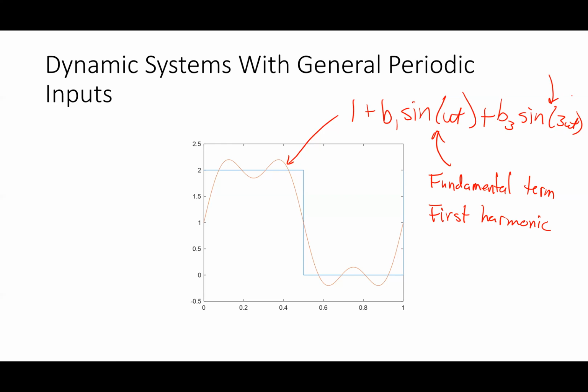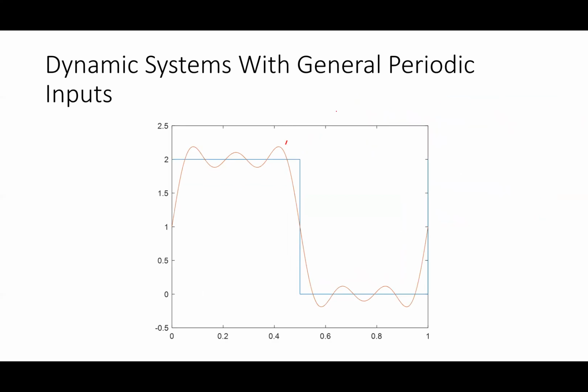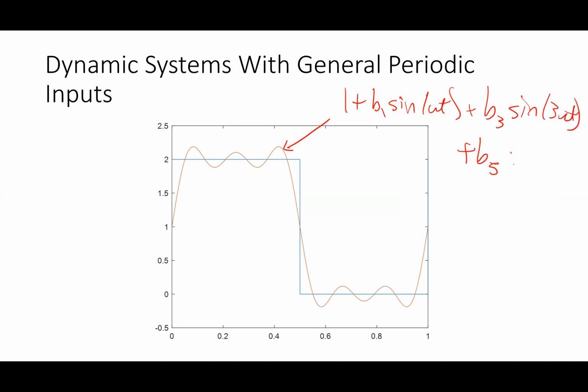Now to better approximate that square wave, I've got to keep adding stuff to it. The next one I added here is 1 plus B1 sine omega t plus B3 sine 3 omega t plus B5, so I added what I call fifth harmonic now.